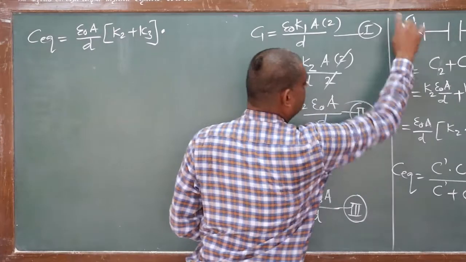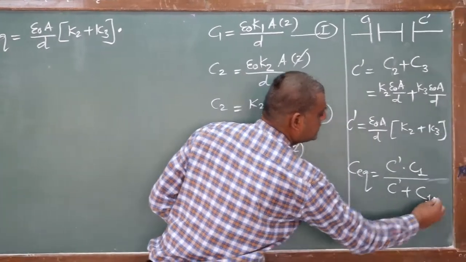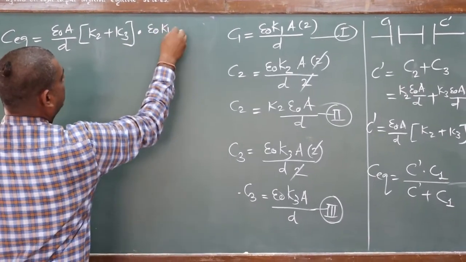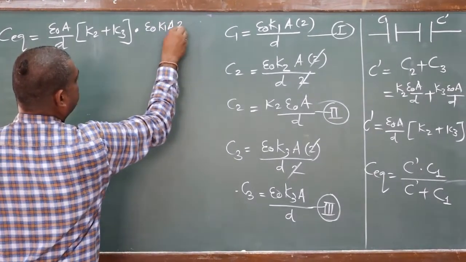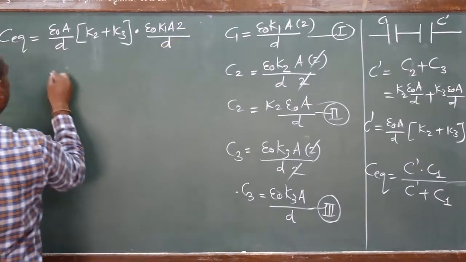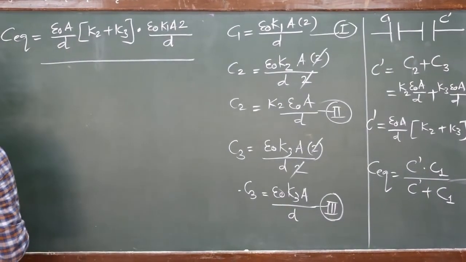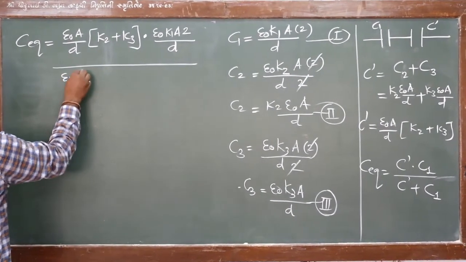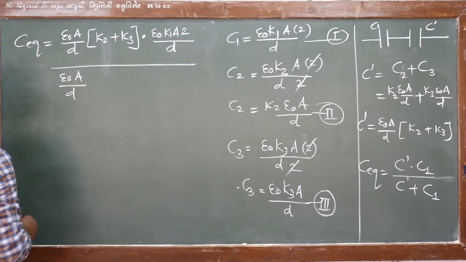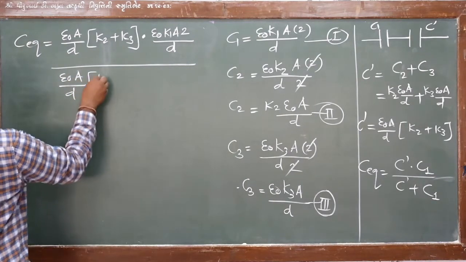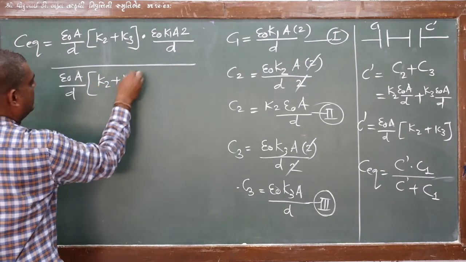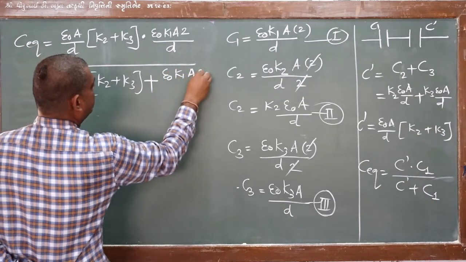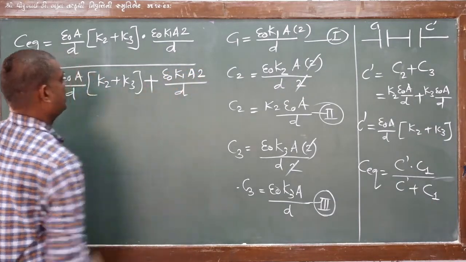It is C1. What is C1? C1 equal to epsilon 0 K1 A into 2 divided by D. Again, right? Addition of these two: epsilon 0 A by D, K2 plus K3 plus epsilon 0 K1 A into 2 by D.